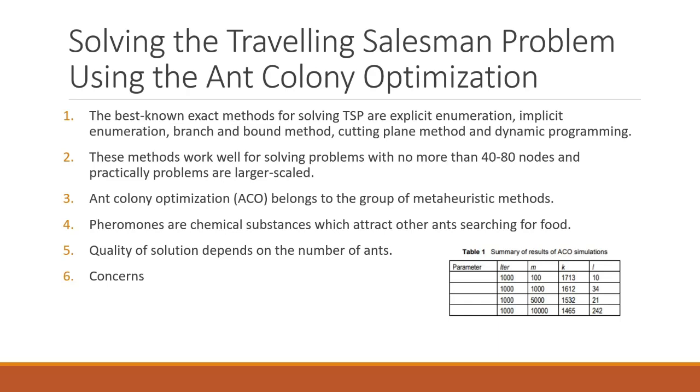For m equal to 5000, the difference between the optimal solution found from the exact methods and the ant colony optimization is 5.44%, and for m equal to 10,000 ants, the difference is less than 1%, which is 0.83%. This method has an advantage over the exact method in that it can solve the problem much faster with a good enough solution.